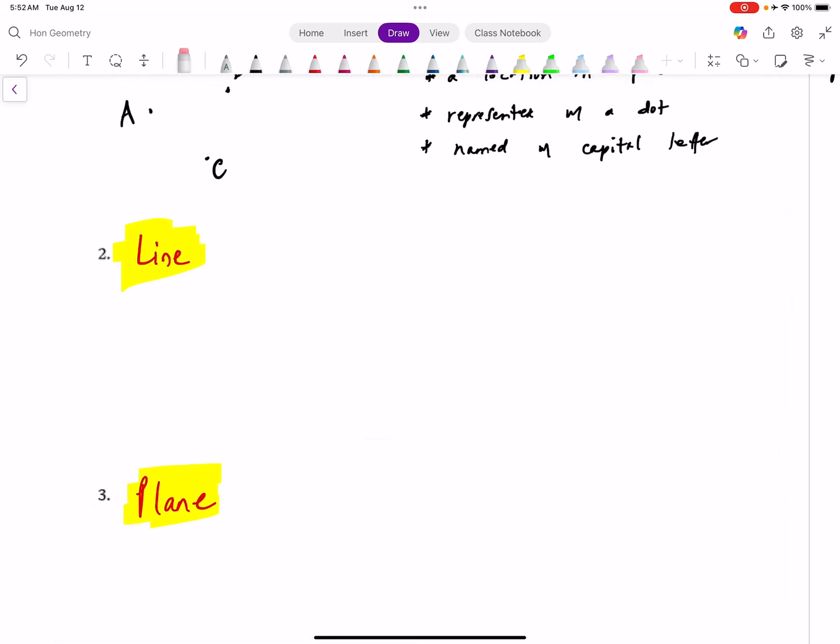Again, I know you know what a line looks like. You've used them lots in the past. Ooh, that's pretty straight for freehand. Here's a line. It consists of an infinite number of points and extends forever in opposite directions.